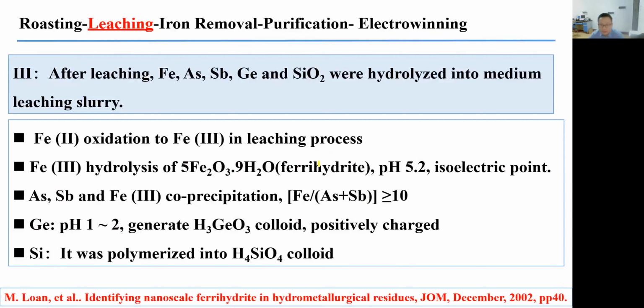And group 3 will be impurity elements like iron, arsenic, antimony, and germanium.